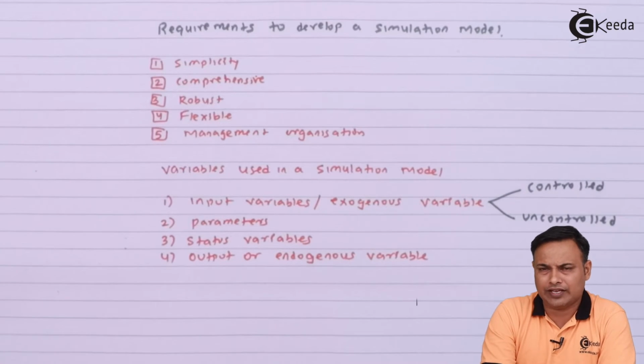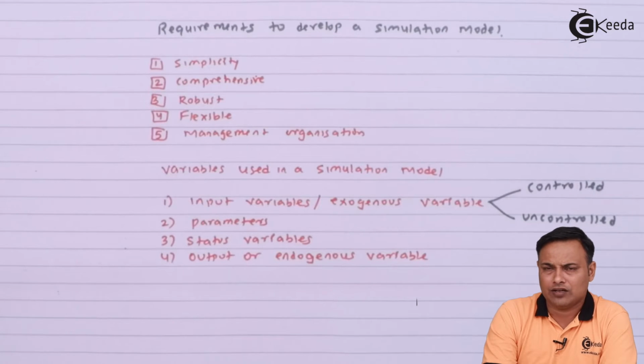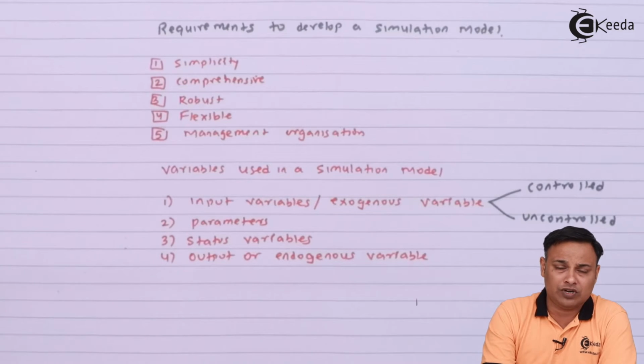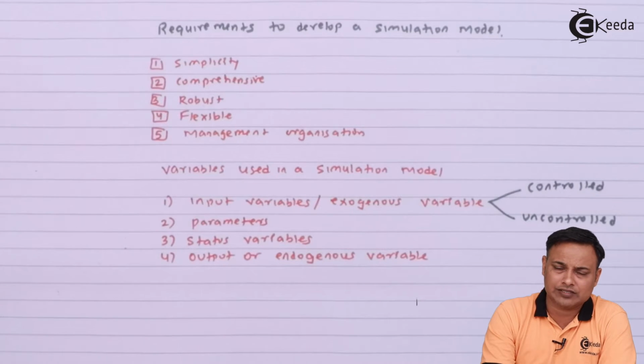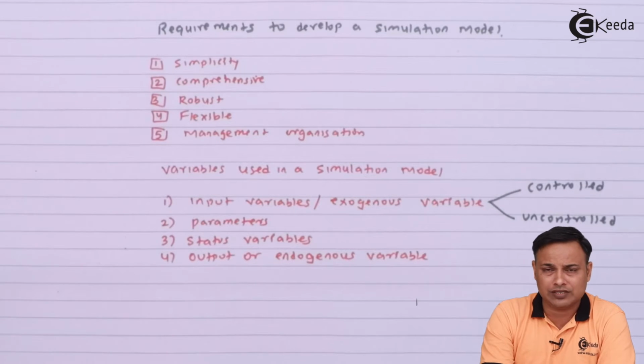For example, if I am collecting data from Big Bazaar at a particular time of day, the response won't remain the same. It will keep changing. That is indicated by the status variables. Status variables are all those variables which change constantly in a particular simulation model.